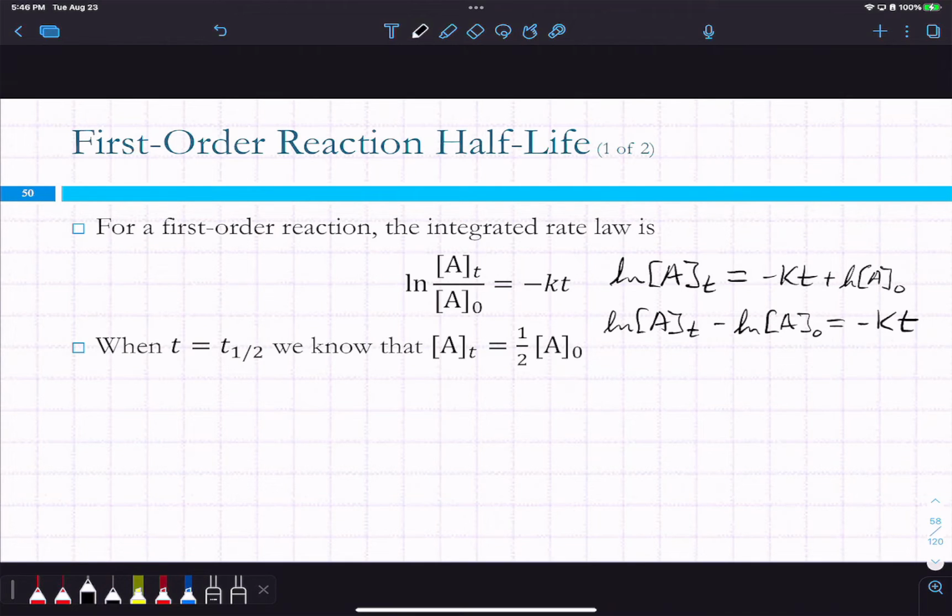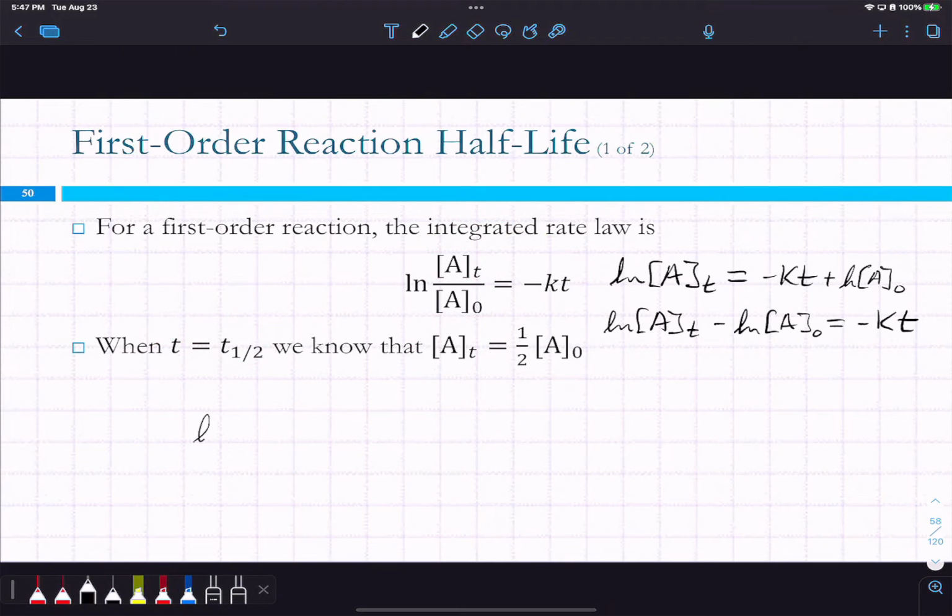So at half-life, or after 1 half-life, so when t equals t1/2, the concentration of A at 1 half-life is just going to be half of your initial concentration. So we can take this equation, and we just plug in 1/2 A0 for At.